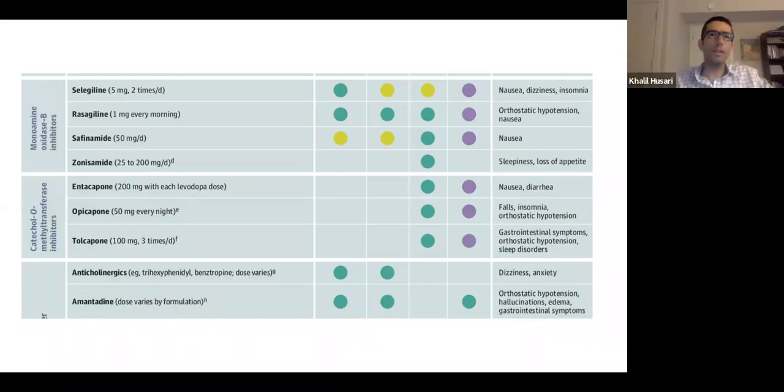They are usually related to the peak dose, meaning that it happens at the peak dose of the levodopa, you will have a lot of dyskinesias. But sometimes they are actually not related to the dosage of the Sinemet. And amantadine can help with these dyskinesias. They can be very disabling.